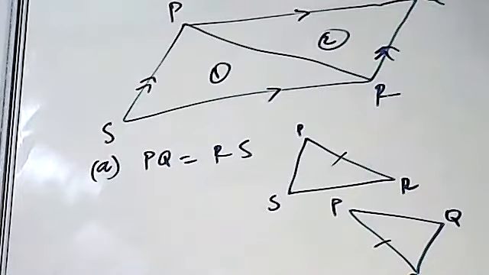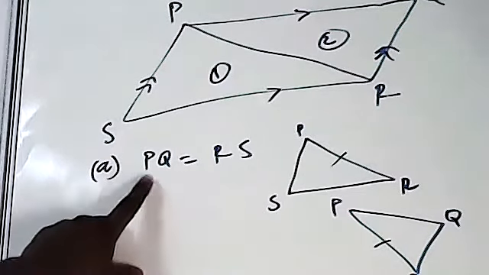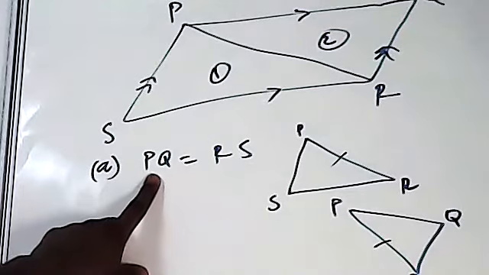But if this method of starting with the common side is failing, you check what they ask you to prove. Most of the time, if not always, what they give you is the hint as to how you will start labeling your triangles.